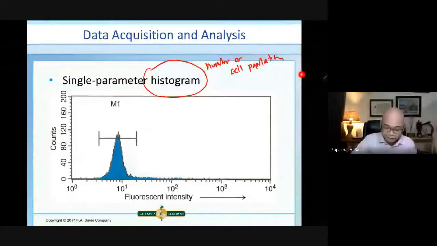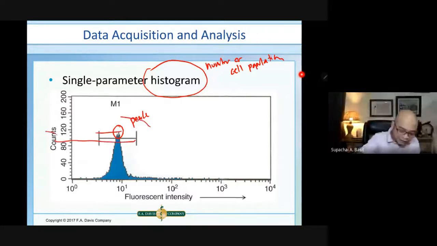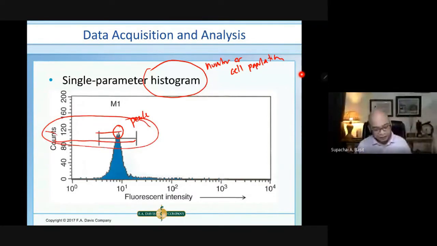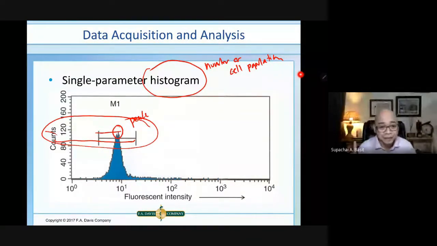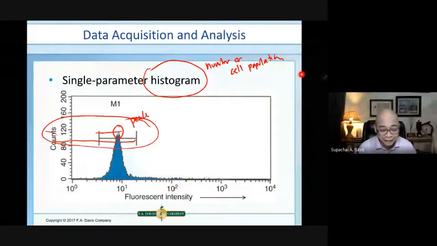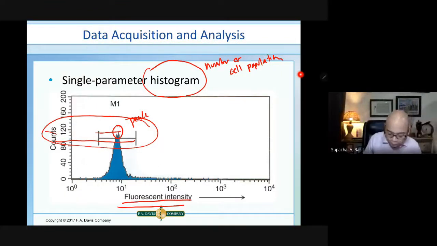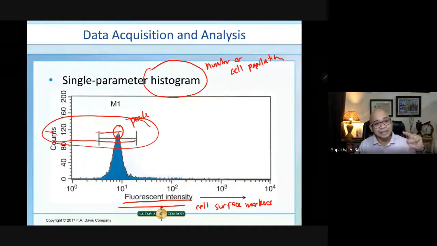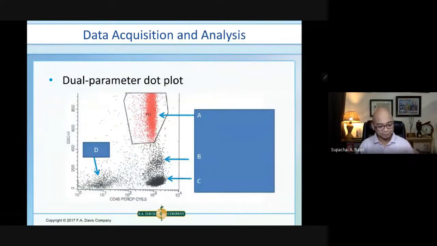If the peak is high, this determines the cell count. The peak depends on the fluorescent intensity. This would be applicable if you are trying to determine cell surface markers. So this is what you call a single parameter histogram.